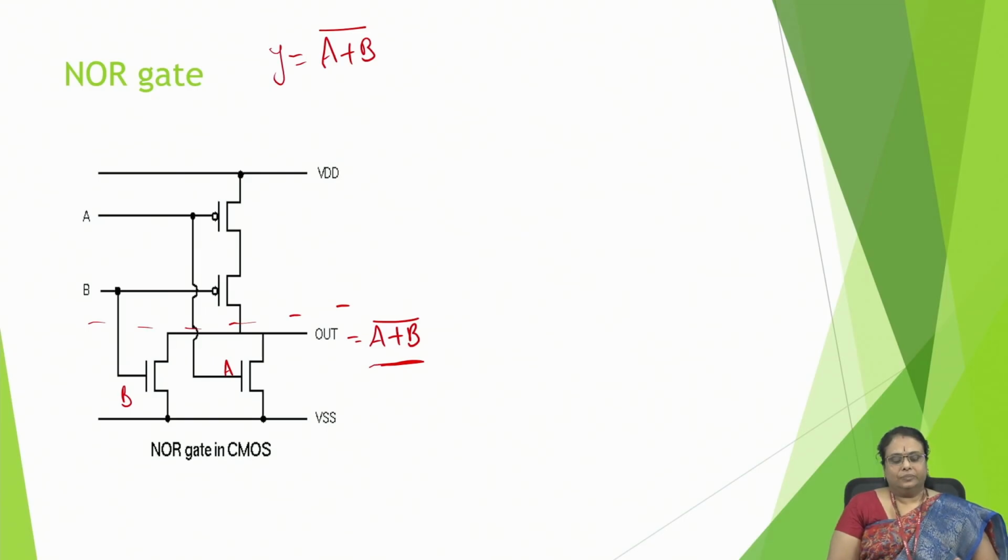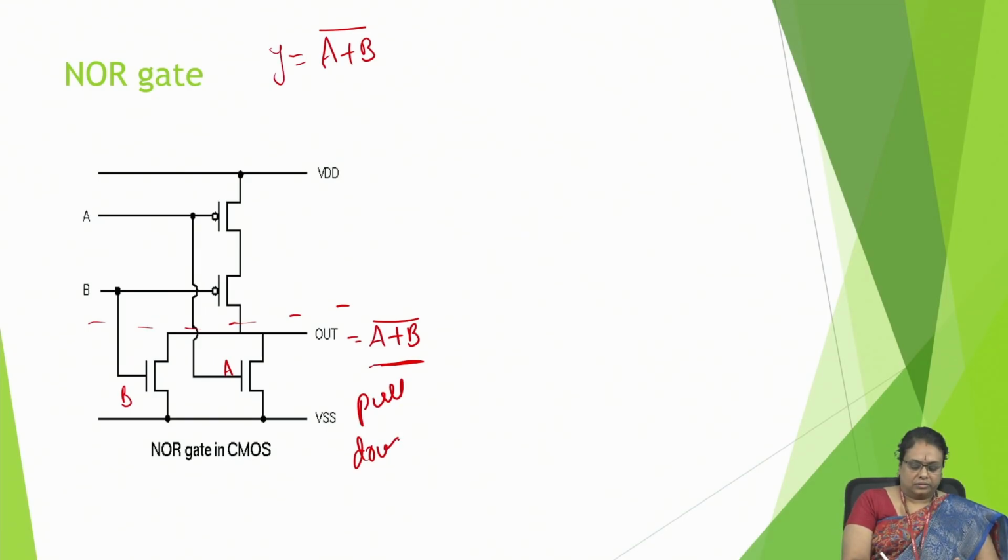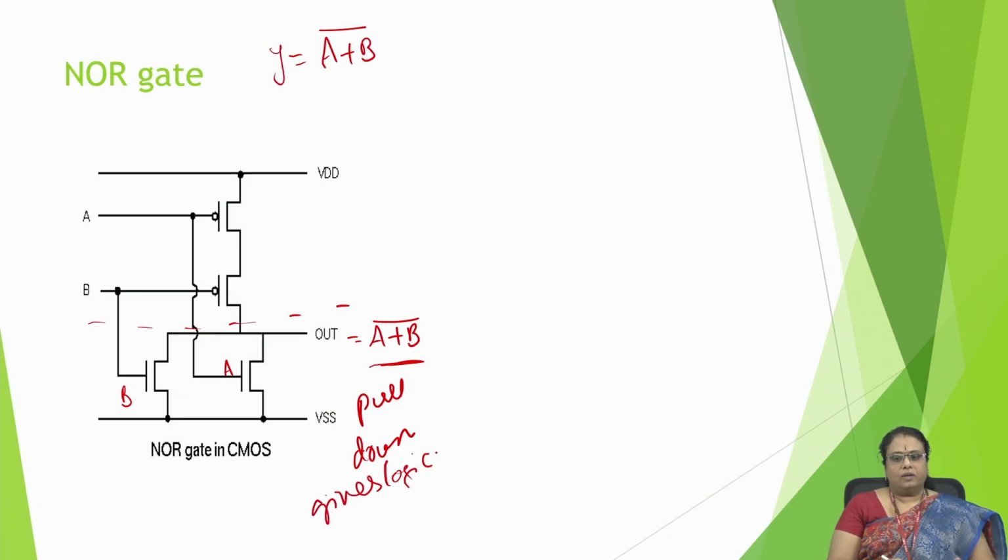Understand one thing here: the pull down always gives us the logic. Pull up is the complementary of it, always, when we are drawing gates like NOR or OR. So here, this logic is A plus B.